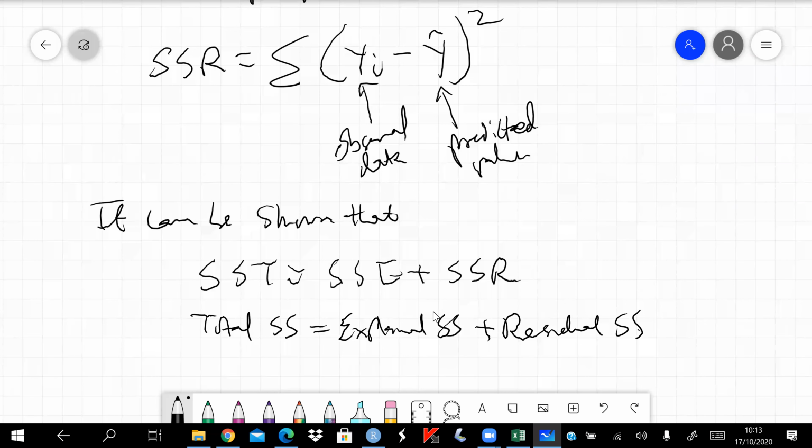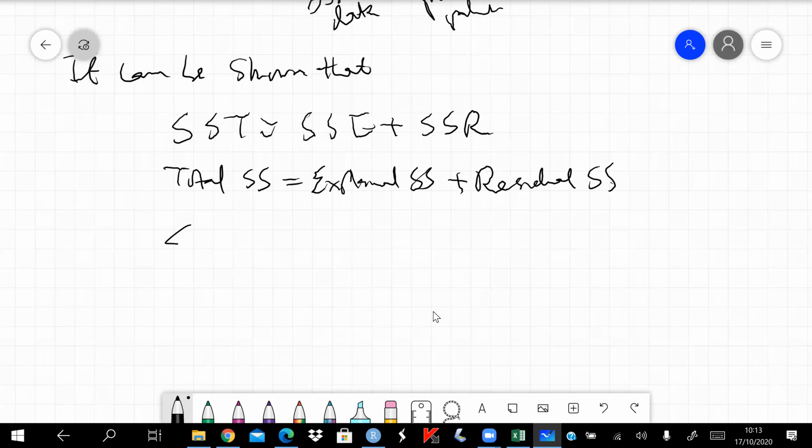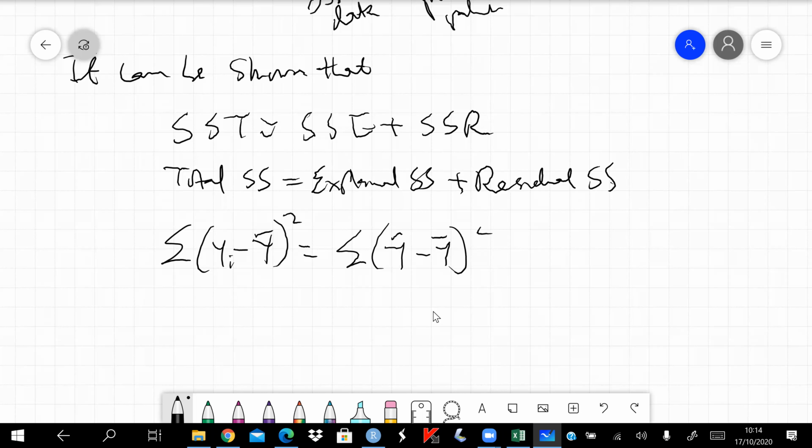Then using the formulas above, we can say that the summation of y minus y bar, squared, is equal to the summation of y hat minus y bar, squared, plus the summation of yi minus y hat, squared.